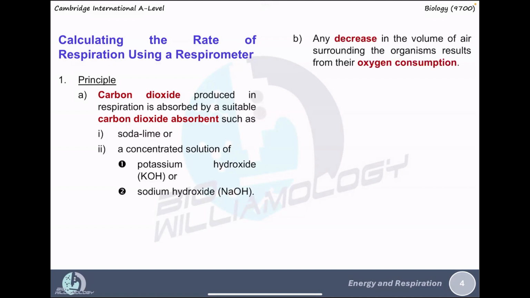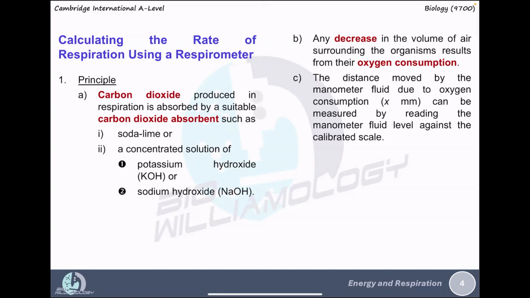Therefore, the volume inside this respirometer decreases over time. Why? Because O2 is consumed and CO2 is released, but this CO2 is absorbed by soda lime. Therefore, any decrease in the volume of the air surrounding the organism results from the oxygen consumption.